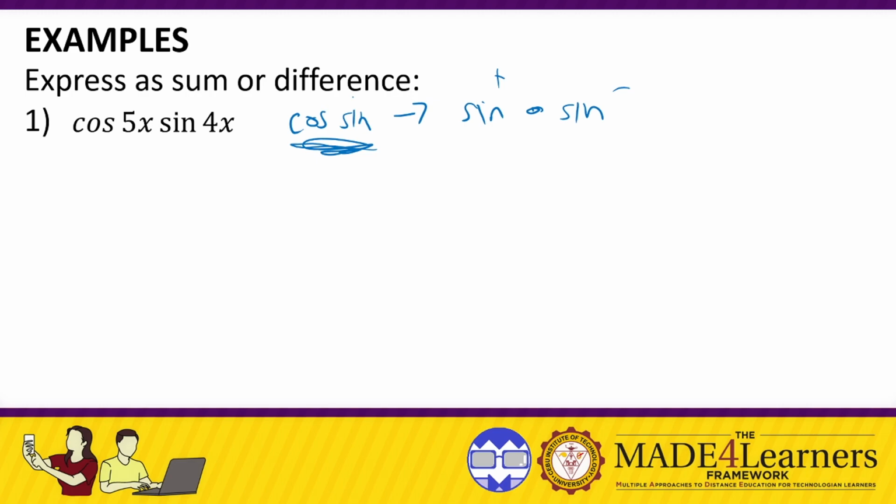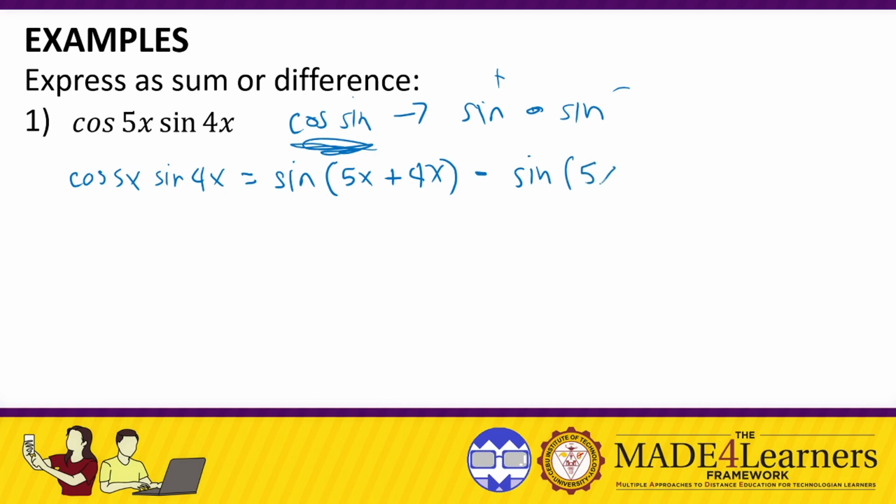So cos 5x sin 4x is equal to the sine of the first angle 5x plus the second angle 4x, minus the sine of the first angle 5x minus the second angle 4x. However, we do not forget the 1/2.